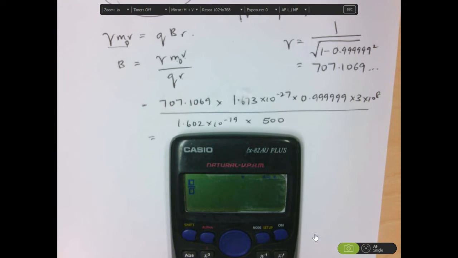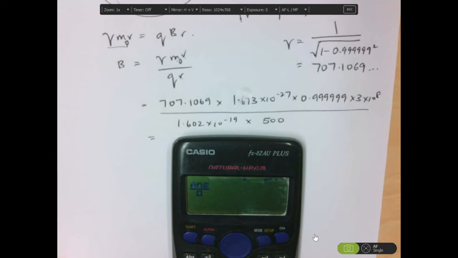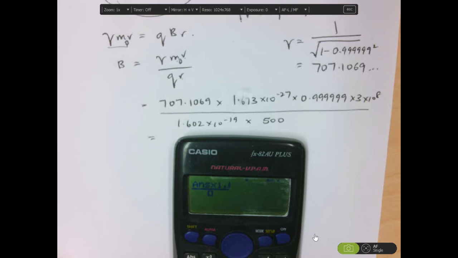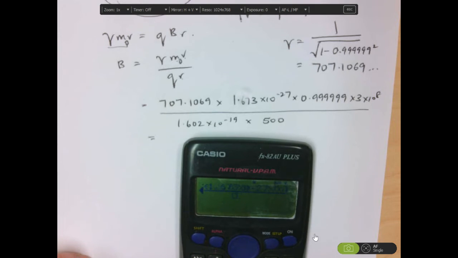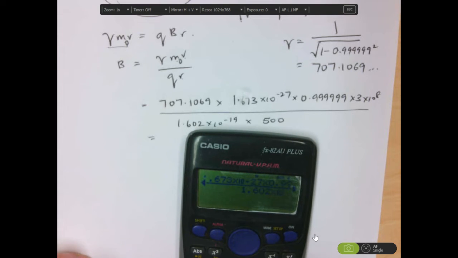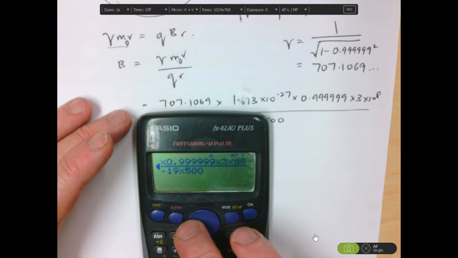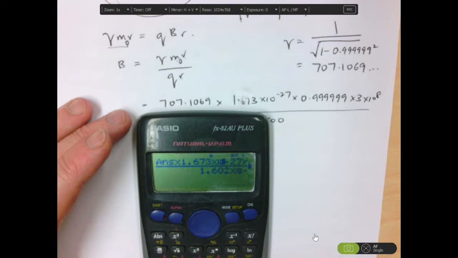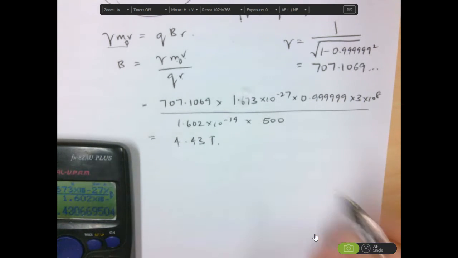It's the top line: 707.1069 times 1.673 exponent negative 27 times 0.999999 times 3 exponent 8 on the top. On the bottom is 1.602 exponent negative 19 times 500. Let me just check it before I press the equal sign. Looks good. Okay, so the answer is 4.43 Tesla.